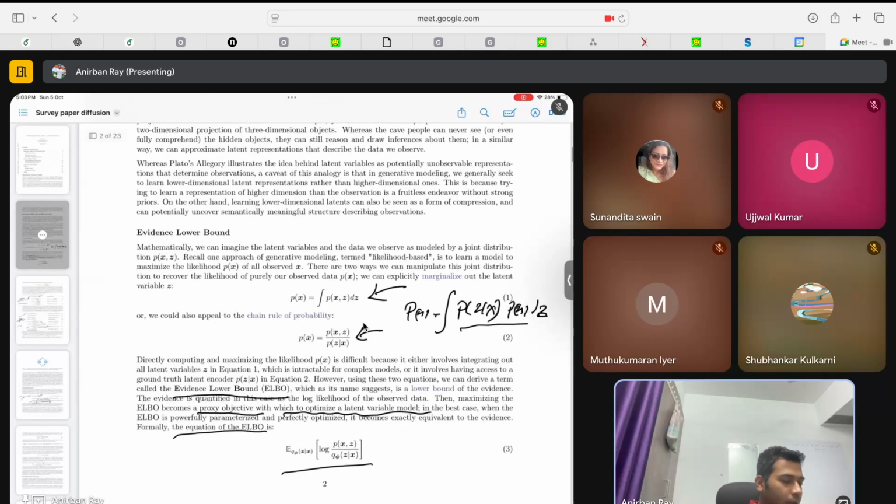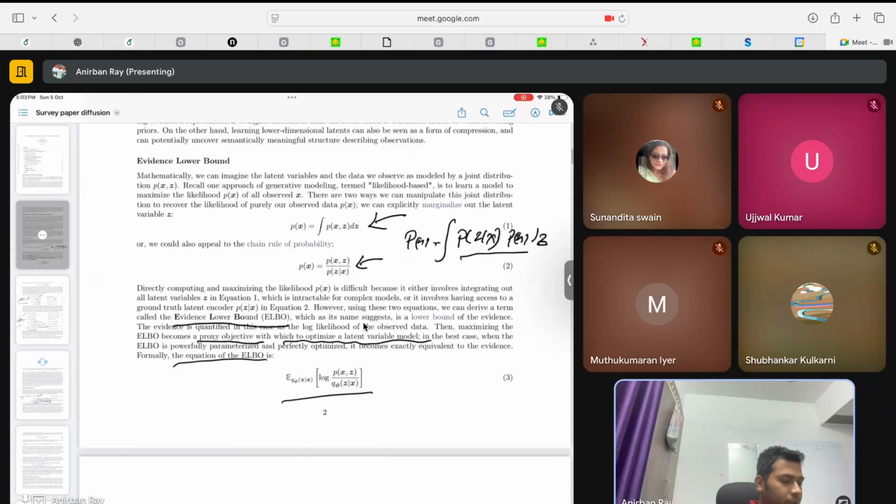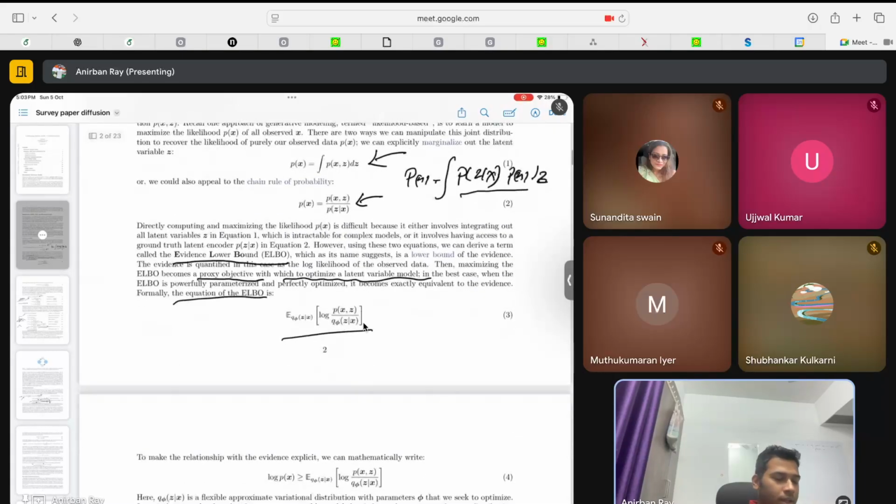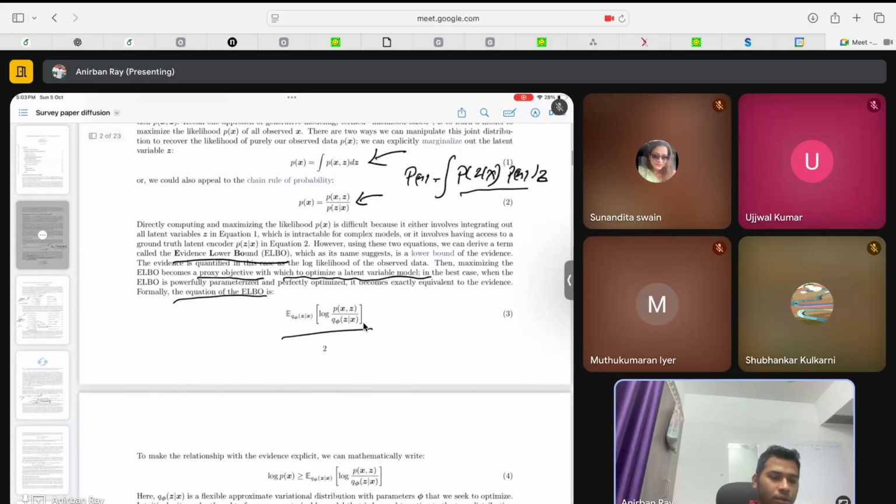And for that, we got a proxy to maximize, which is called the evidence lower bound. So instead of maximizing the likelihood, which is log p(x), because we don't know p(x), we maximize the proxy, that is the evidence lower bound or ELBO. You can see it from this diagram.